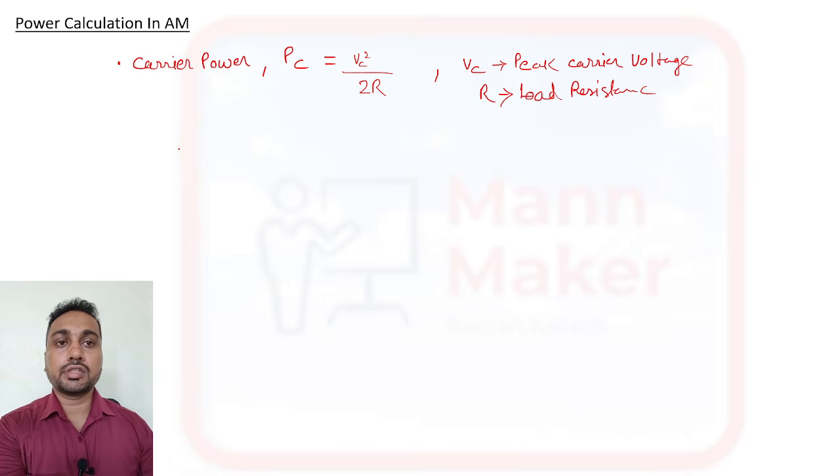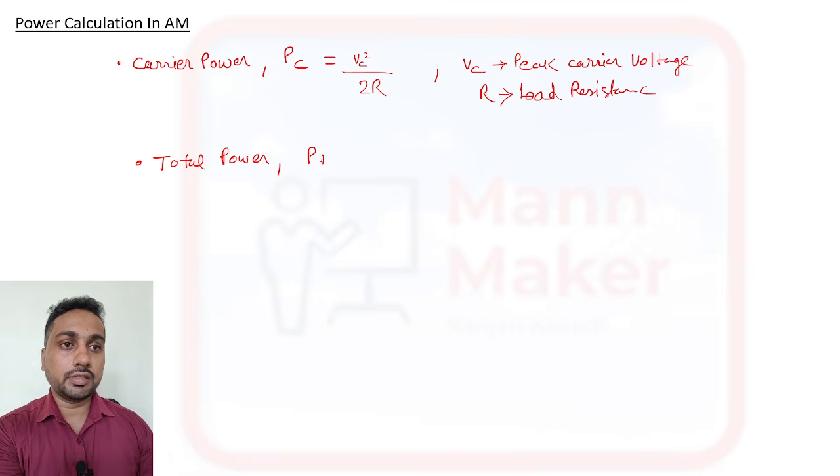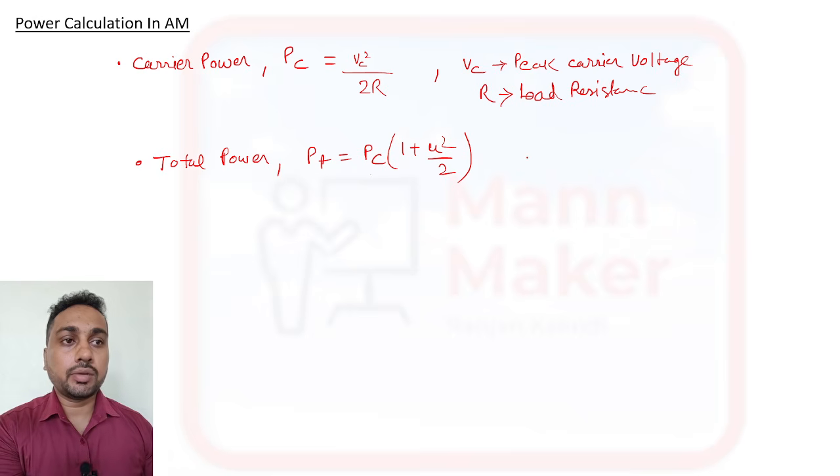Now, how do we calculate total power in AM? That is PT, and PT is equal to PC times 1 plus mu square by 2. PC is the carrier power, and mu is the modulation index that we discussed before.